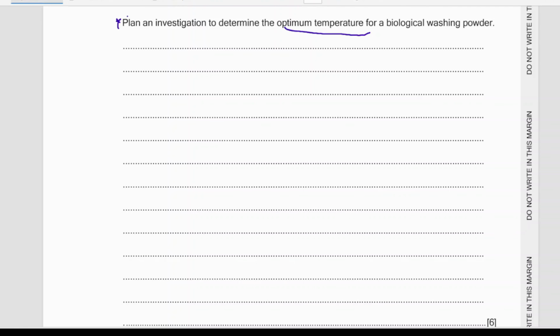Thermostat controlled is possible, then water bath can be used. What else? What would be your method of washing? You would have to give the similar time. Exactly. You are not using a washing machine in labs.